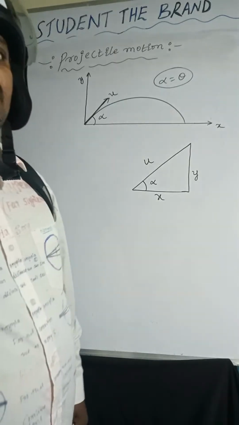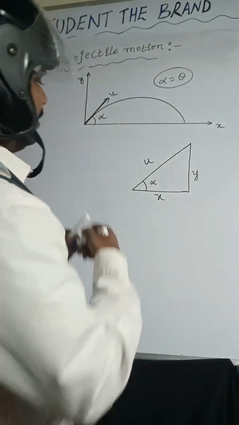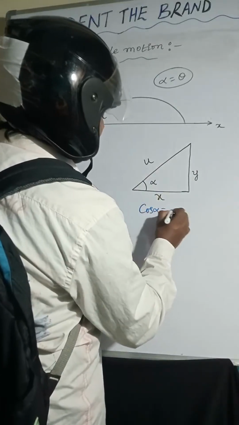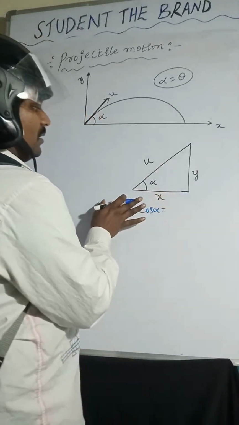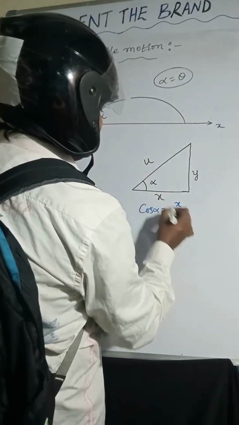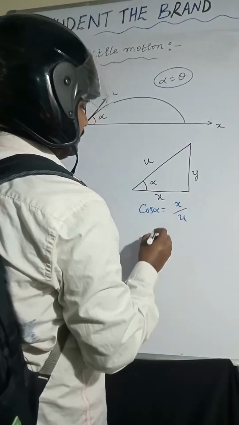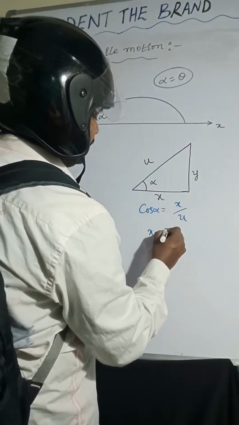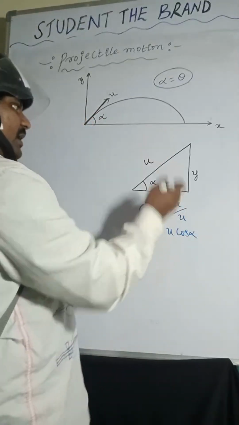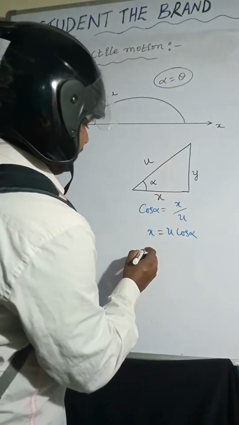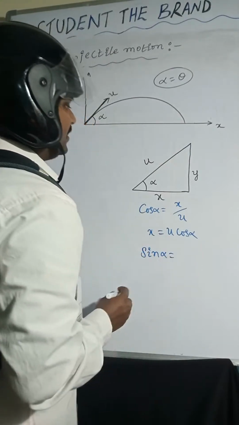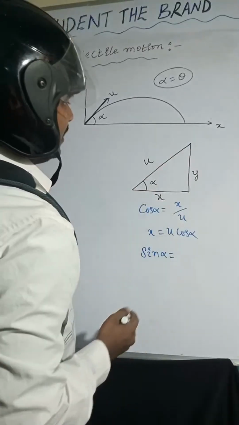Now see here. What is cos alpha? Cos alpha equal to adjacent side by hypotenuse. Adjacent side is x, hypotenuse is u, and x equal to u cos alpha. And sine alpha equal to opposite side by hypotenuse.